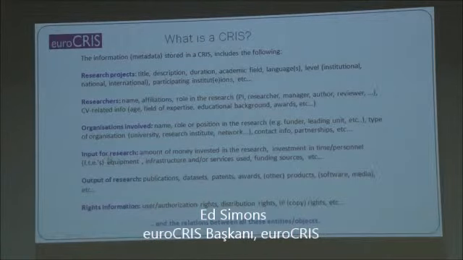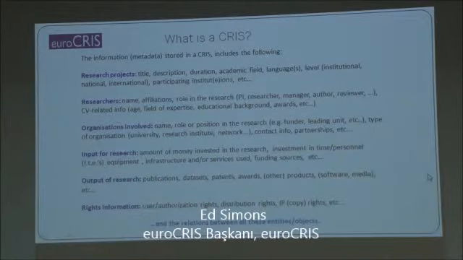An important part of the CRIS information concerns the input for the research, and this goes about the amount of money invested in the research, the investment in time or personnel, what we call full-time equivalents, but also the equipment used in the research, the infrastructure used, the services used, etc. And of course, a big chunk of information is about the output of the research.